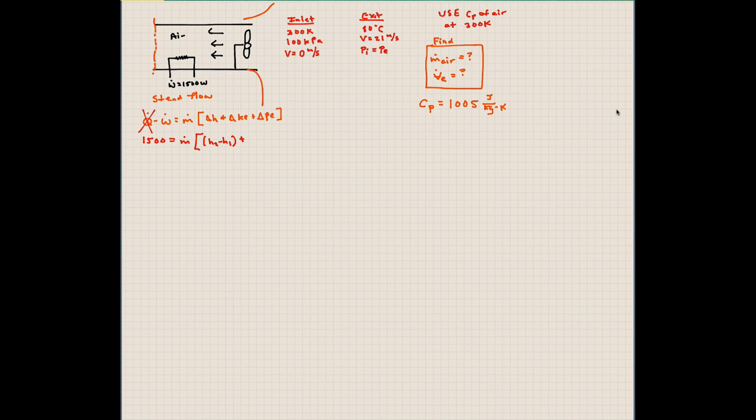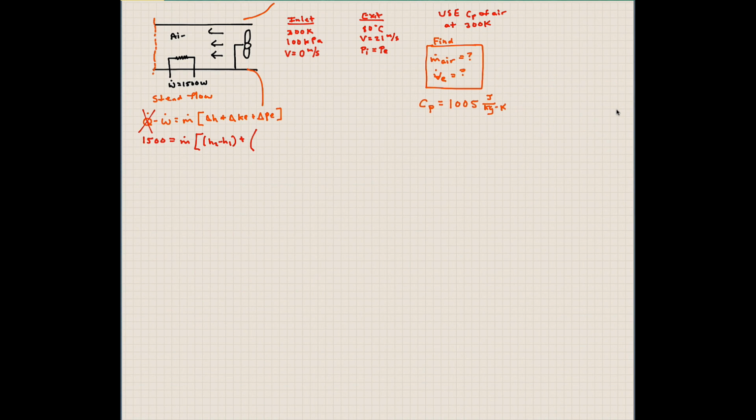plus the change in kinetic energy. Well, let's not neglect it, since we don't know what the velocity is, or we do know the velocity at the exit. It's coming out at 21 meters per second. I'm going to not neglect it, okay? You may be able to neglect it, though, but let's go ahead and use it, just to be more accurate.